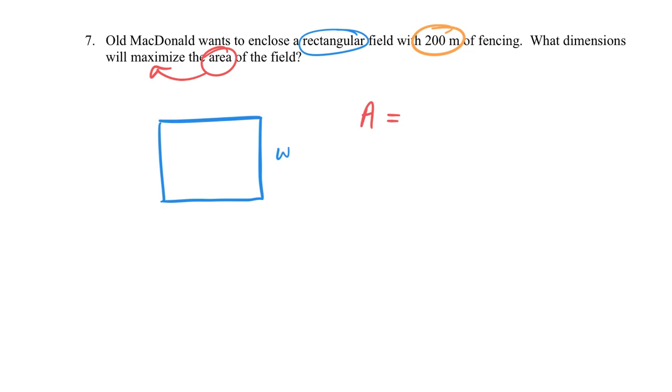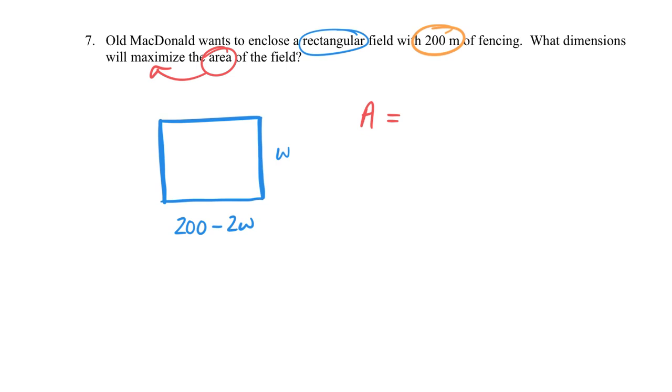If I have 200 meters to go around that entire shape, that's my fencing, that's my perimeter, then I know 200 is my total. By me calling this one side W, I actually called the other side W as well. So if I was to put fencing down both of those W sides, I would have just used up 2 W's worth of fencing.